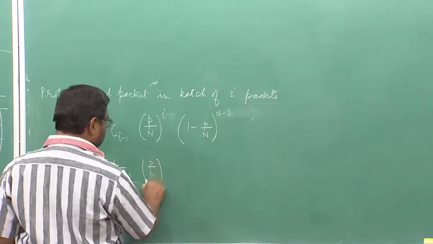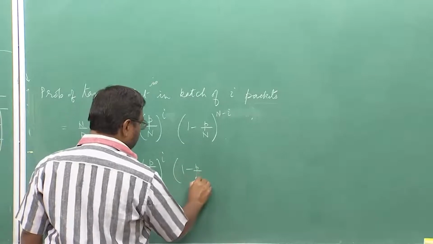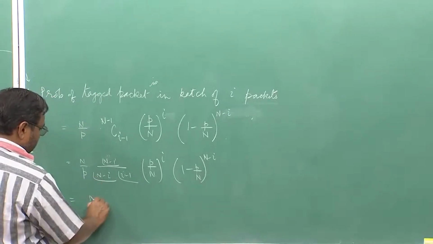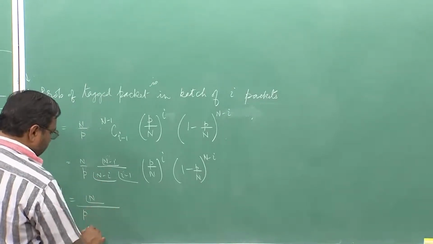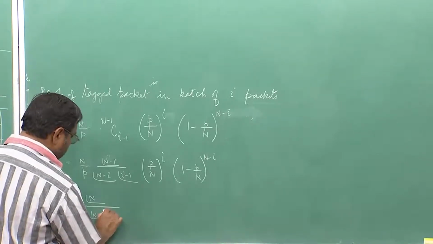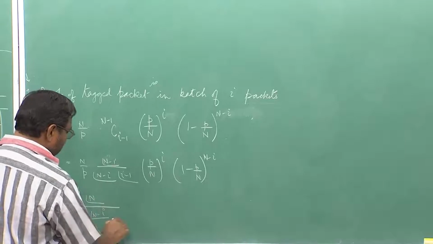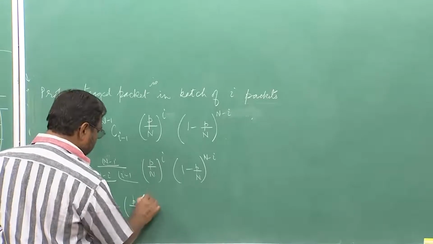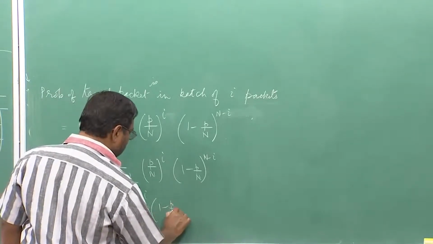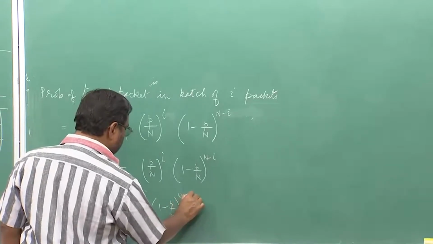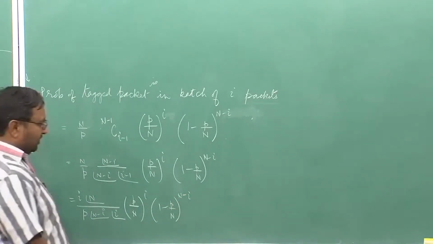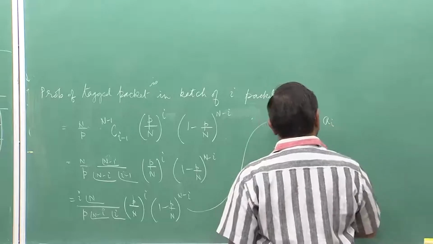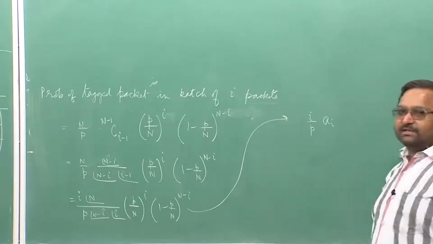So, let me write it down. I can write an I on top and this will become I factorial. So, this will be nothing but I by p times AI. This is the same AI which we had discussed earlier.